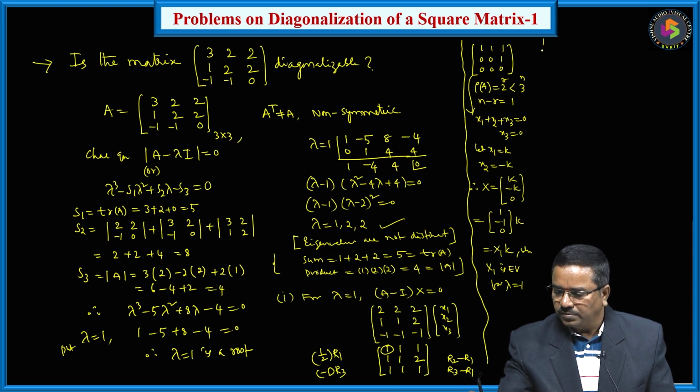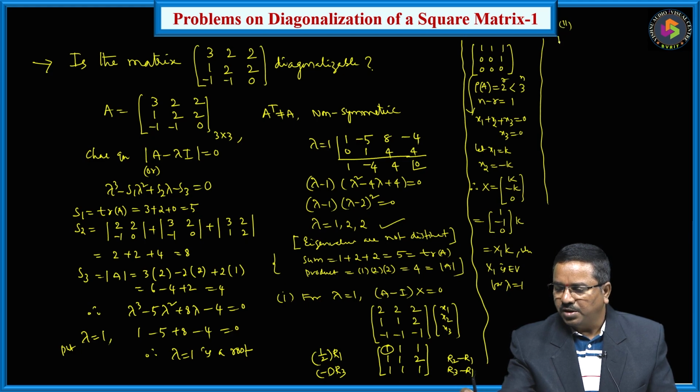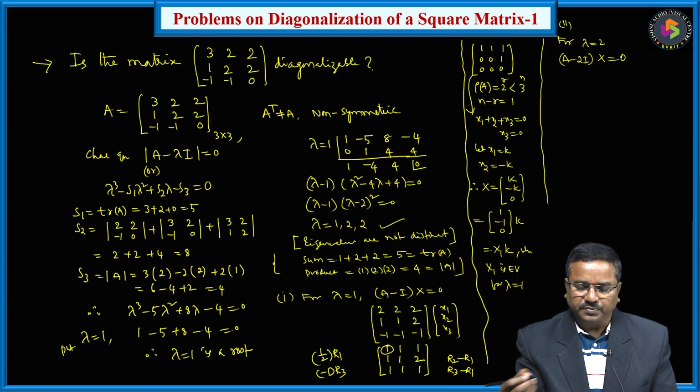Then next, third, for lambda is equal to 2, you will write (A minus 2I) x is equal to 0. What is A minus 2I?